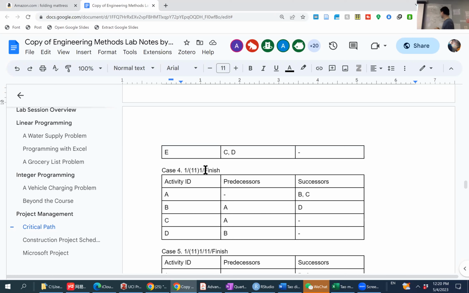So 2, 3, and 4 versus 2 and 4. In this case, this pair of nodes 2 and 4 have one direct link, right? So that's what matters. You can't have 2 direct links. Yeah. Okay. That's what matters.